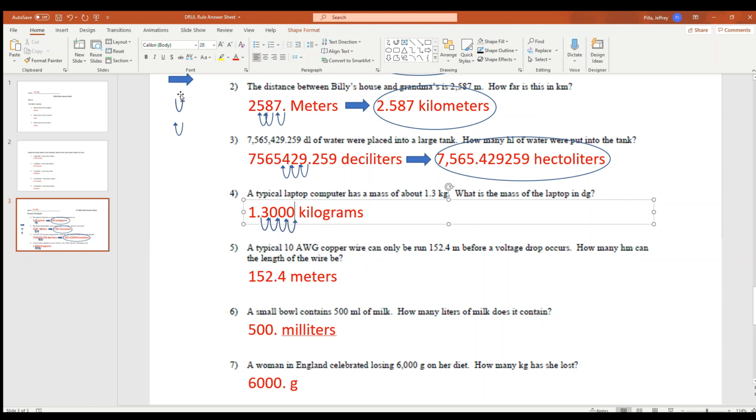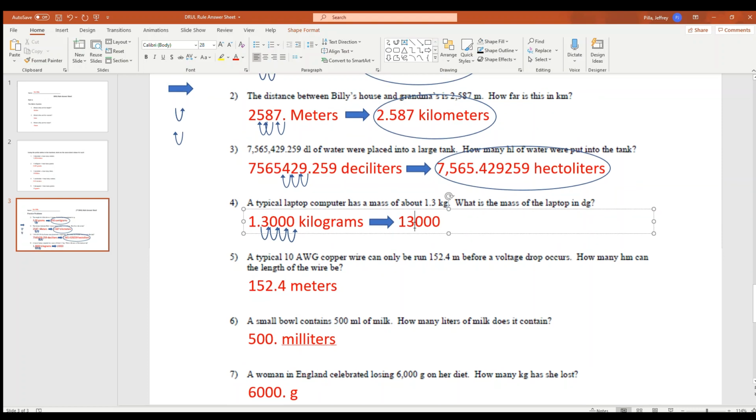Just making sure I did that right. Alright. And now we have our new number. Our new number is 13000. Looks like I could add a comma here. That is 13,000 decigrams. Alright.